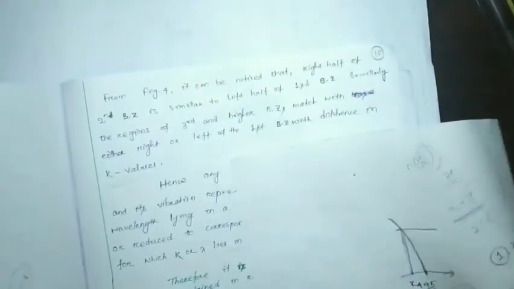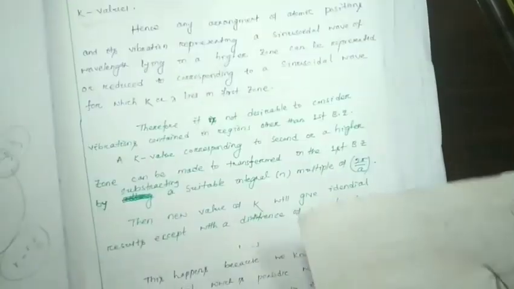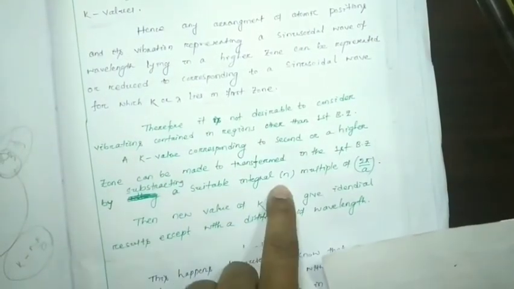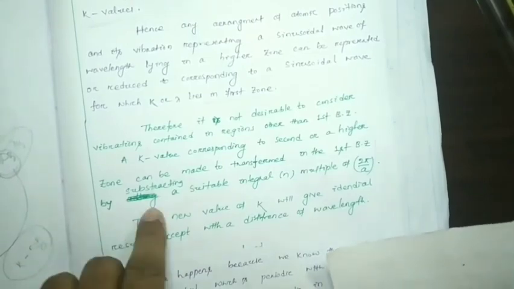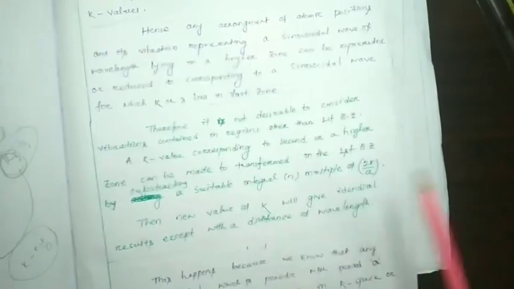You just watch this video and try to be clear about whatever I wrote, how it is transformed like this. But what is written in your note is subtracting a suitable integral. Why it is subtracted, I explained. So after subtracting, are we going to get the same answer or not, that is for the verification.